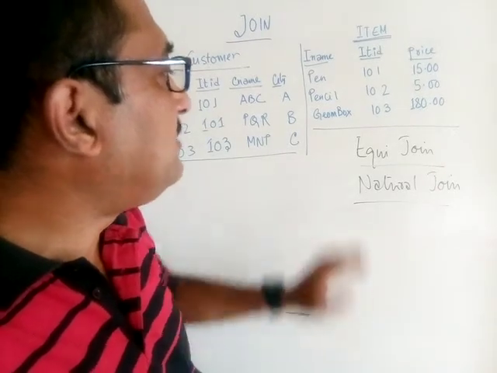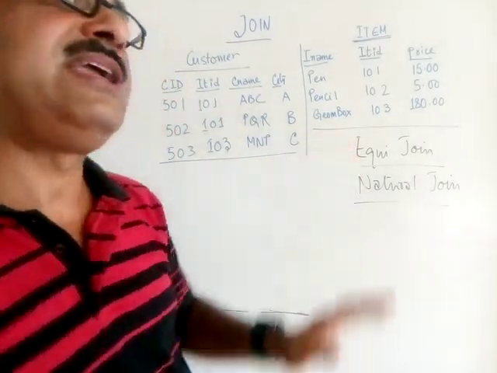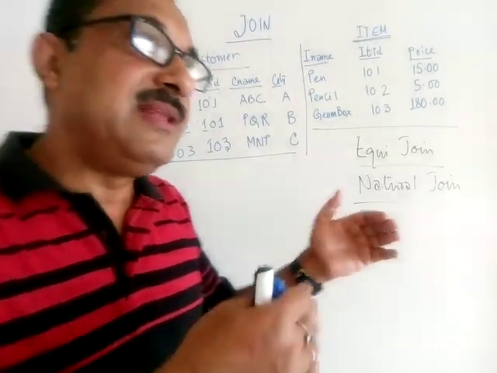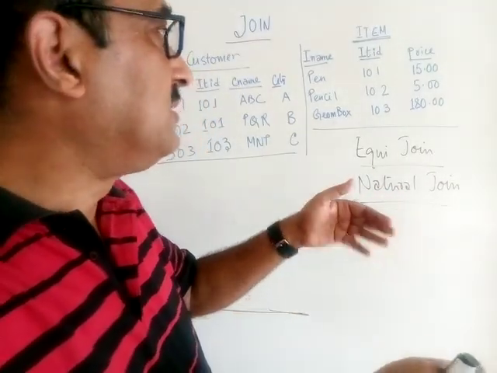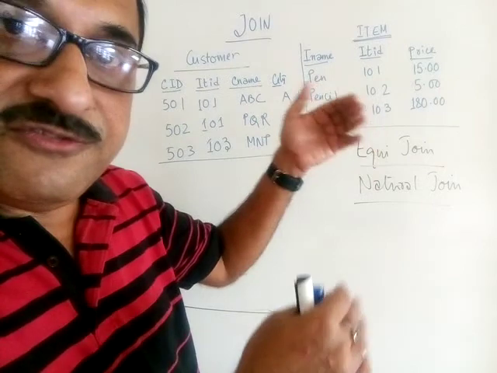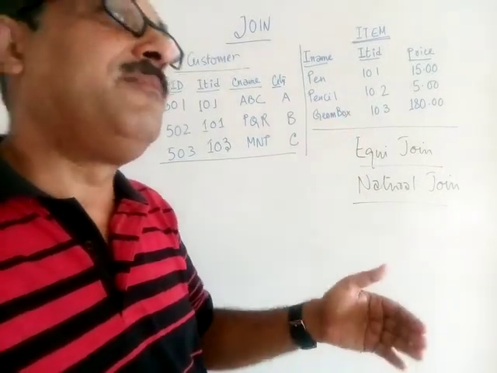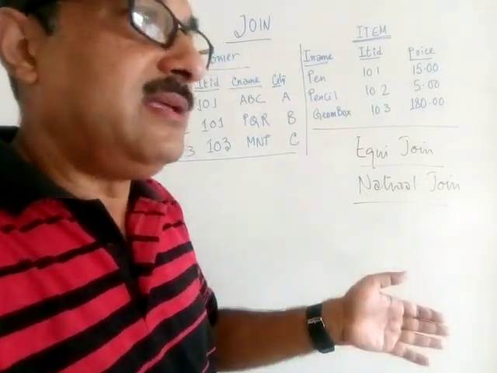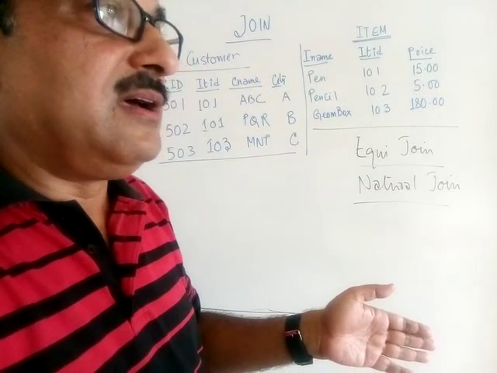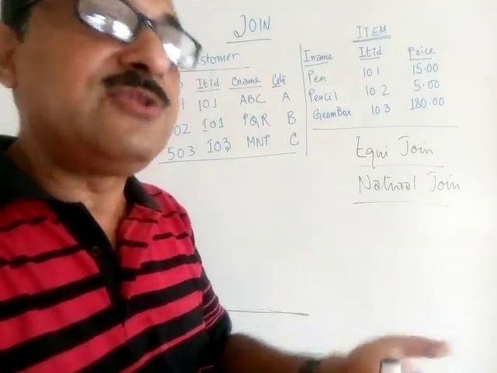So basically equi-join means when you are trying to find similarity between rows from two different tables, and you are computing a query on the basis of a condition where the equal to sign is used.